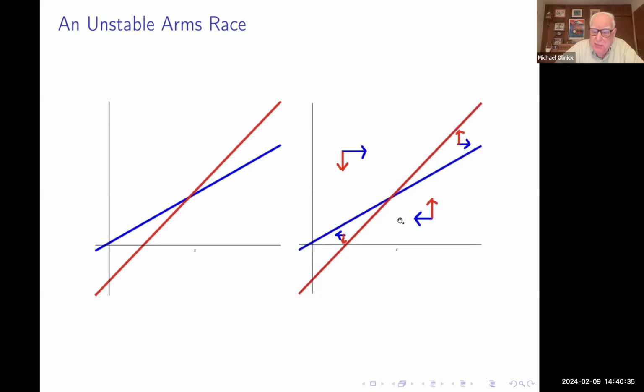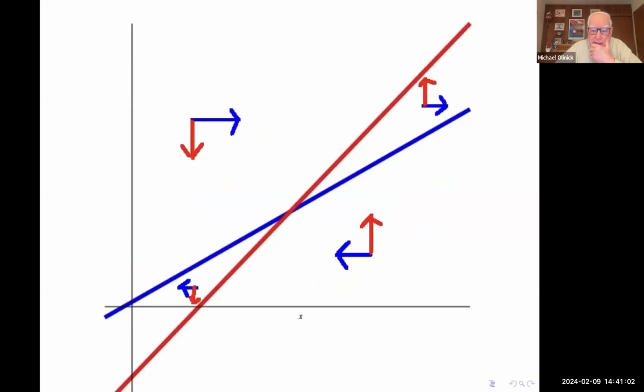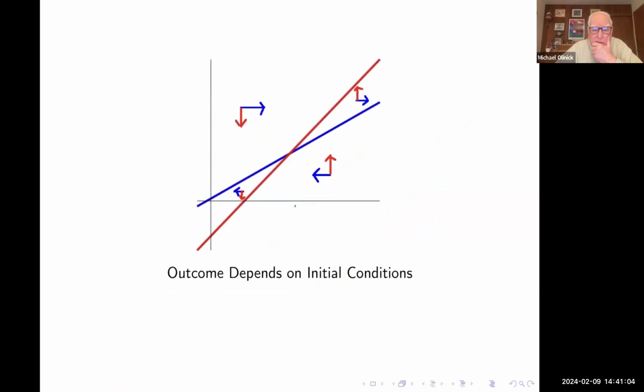On the other hand, if we begin at a point down here in this region, as we move northwesterly, we might cross the red line first, and then we have mutual disarmament. So this is a highly unstable arms race. Similar things happen if we start here. We either wind up in this zone or in this zone. So the outcome here depends a lot on where we start. What are the initial conditions? It's a blown up picture. It looks like this.